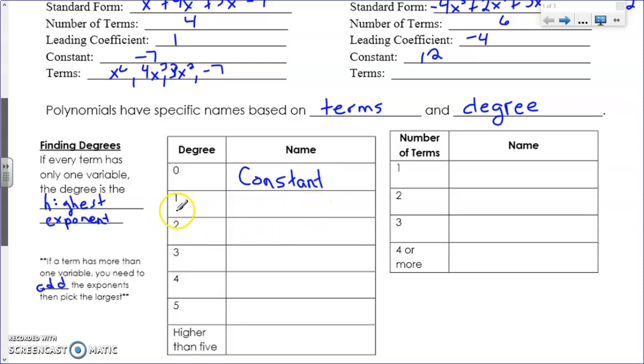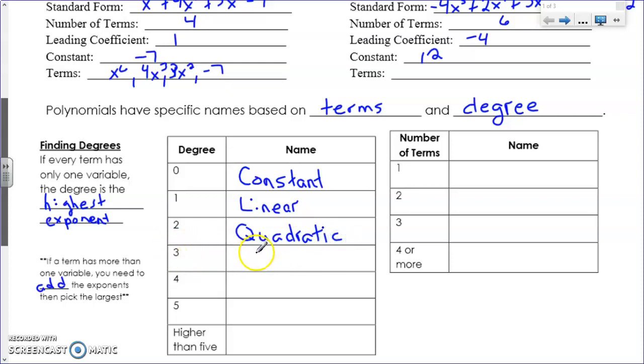Okay, if we have like 3x plus 2, so you have a degree of 1, does anybody remember what that's called? Linear. And then we have a degree of 2. We just did these. Quadratic. Degree of 2 is quadratic.